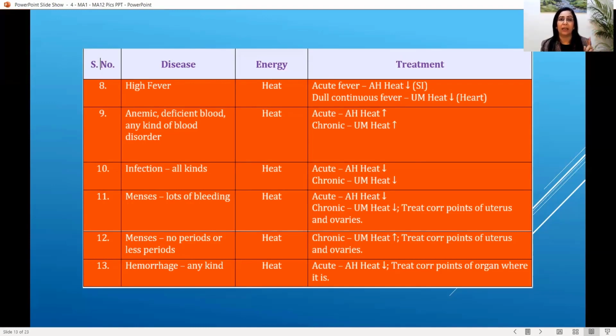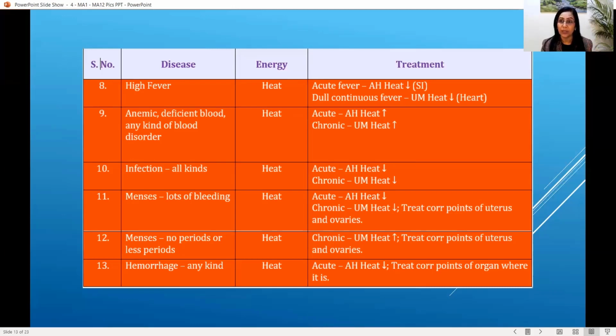And the next case is if a person is anemic. Now, remember, the heat energy is for the circulatory system. It depicts the circulatory system. So any kind of blood disorder, any kind of disorder in the circulatory system, deficient blood, anemia, you have to treat the heat energy. And heat energy is the small intestine meridian or the heart meridian.